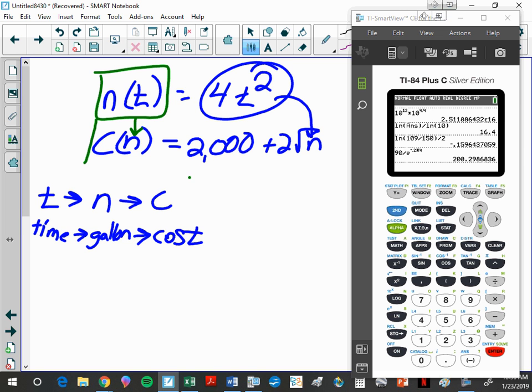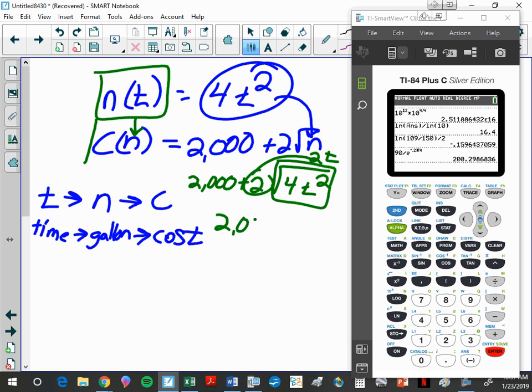So I get 2,000 plus 2 times the square root of 4t squared. What is the square root of 4t squared? Well, 2t, right? This becomes 2t, and then we times it by 2, so the answer is 2,000 plus 4t.